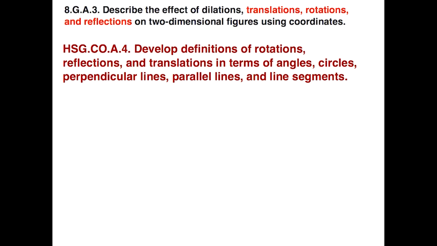This 8th grade standard sets the foundation for something a little more complex at the high school level. Standard HSG.CO.A.4 is about developing definitions of rotations, reflections, and translations in terms of angles, circles, perpendicular lines, parallel lines, and line segments.